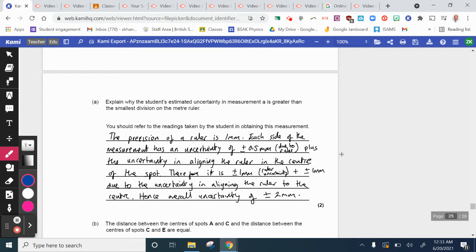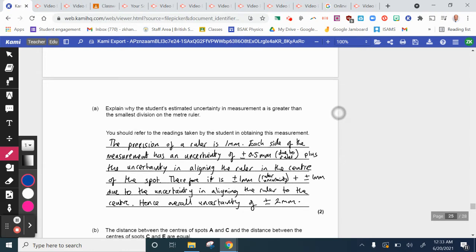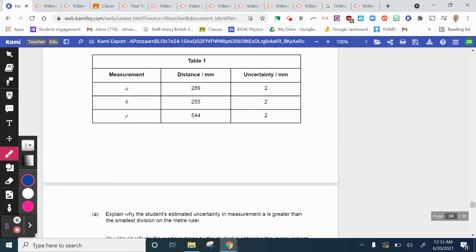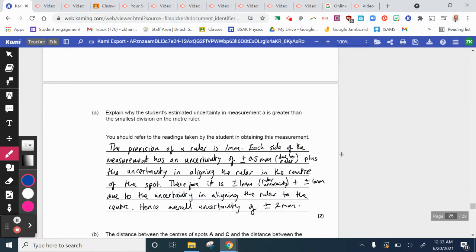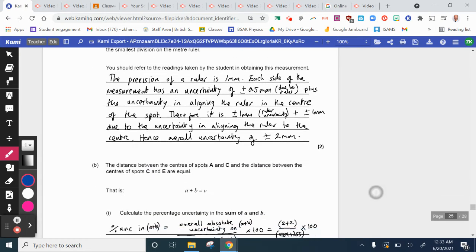Therefore, there is plus or minus 1 millimeter on the ruler, and plus or minus 1 millimeter from aligning the ruler to the center of the spot on the screen. Hence the overall uncertainty is plus or minus 2 millimeters.